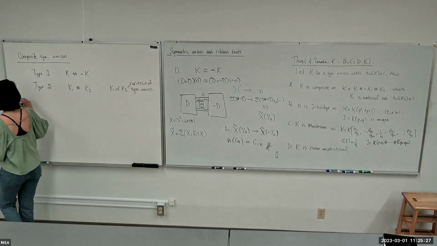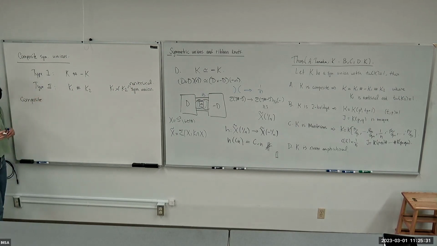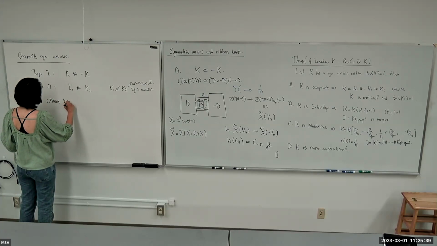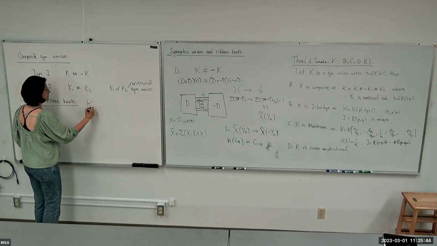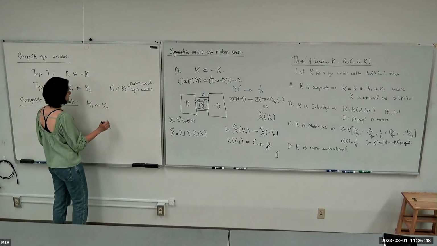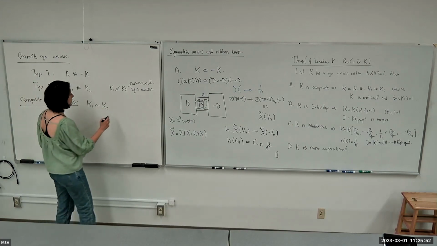But there is another way of constructing composite ribbon knots that do not fit into these two types. Suppose I take two knots that are ribbon concordant to each other.